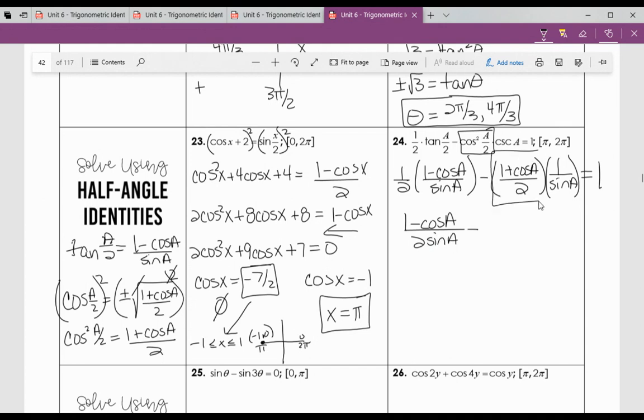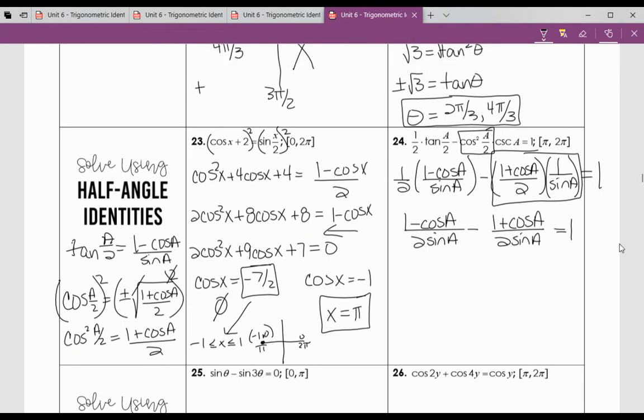If I multiply here, I get 1 plus cosine alpha over 2 sine alpha. And that equals 1 still.